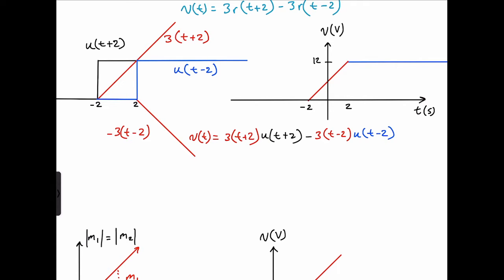Same thing: when we multiply 1 times 3, we still get a 3. And this is a negative 3, so we still get negative 3. What's left is the unit step function in black, which is added to the 0 of the ramp function, which is still 0, right? So this is this portion.